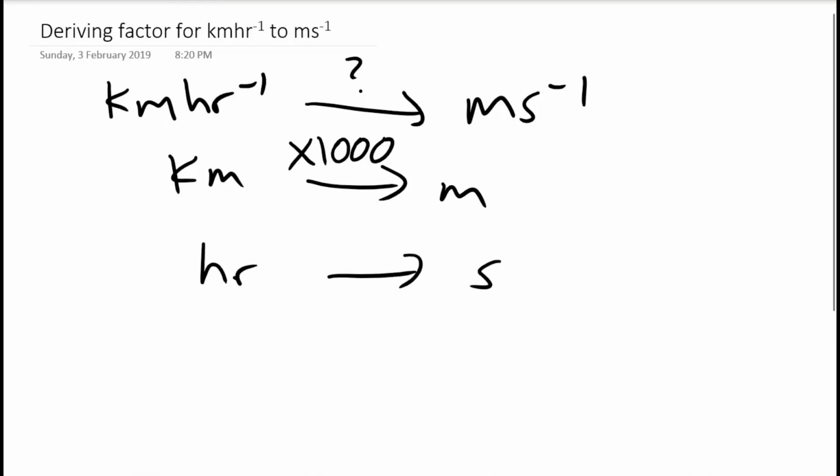So to do that first, we know that we have to first go from hours to minutes and then to seconds, but we can put that all into a single factor where to go from per hour to minutes, we need to multiply by 60, and then to go from minutes to seconds, we need to multiply by another 60. So that actually gives us the number 3,600, and we're expecting more seconds than hours, so we multiply by 3,600.